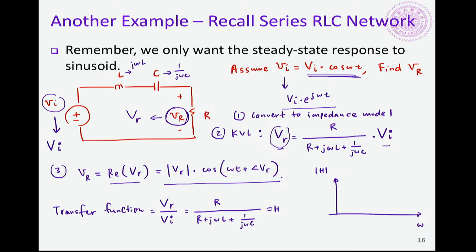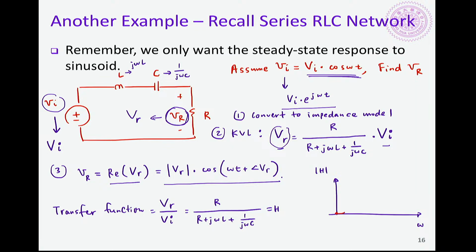So L is a short circuit, but C is an open circuit. If this is an open circuit, it's not a closed loop, so we don't have a current. So the voltage across the resistor is equal to zero. So at low frequency, due to the open capacitor, VR is very small.